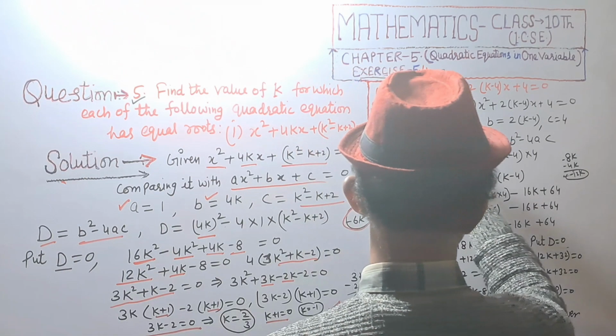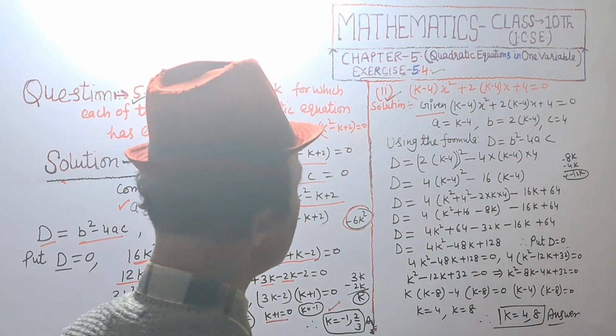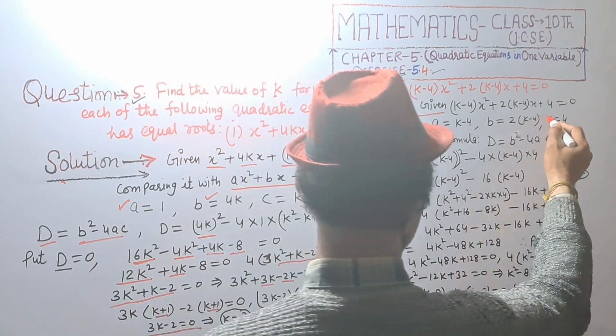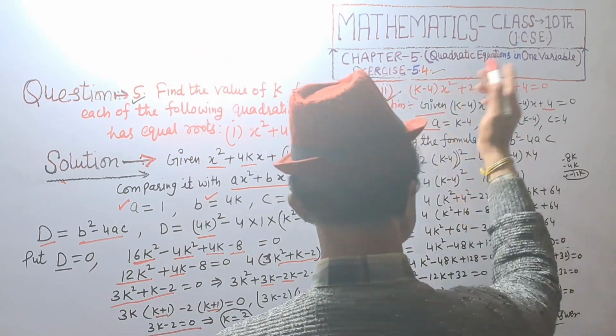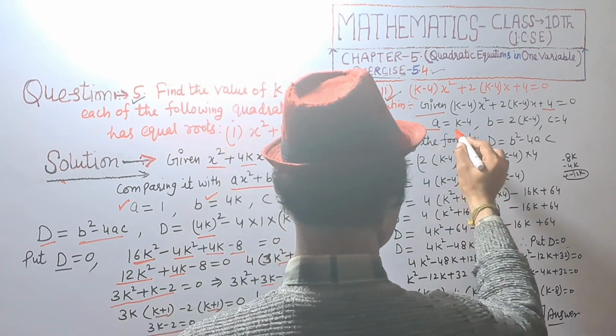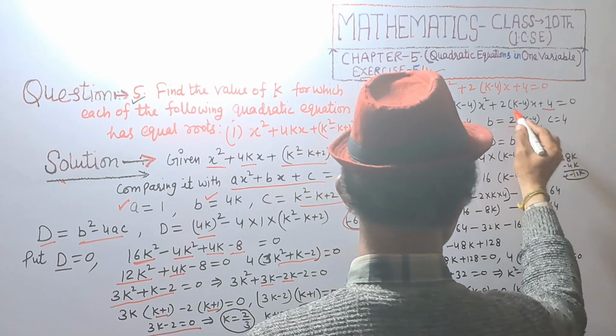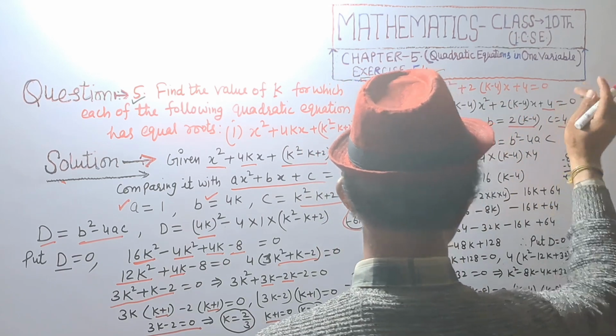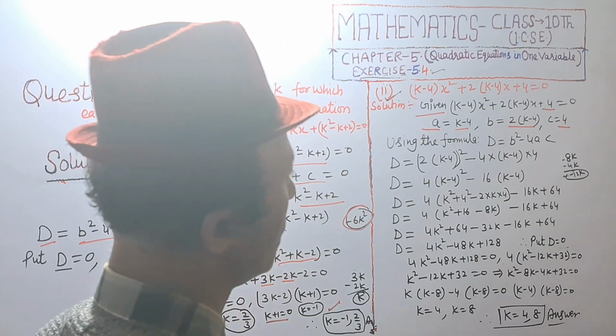And the second part is given: k minus 4 x square plus 2 k minus 4 x plus 4 equal to 0. And we are comparing this with ax square plus bx plus c equal to 0. a equal to k minus 4, b equal to 2 into k minus 4, and c is equal to the constant number, that is 4.